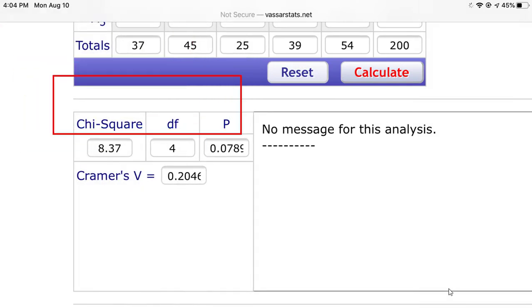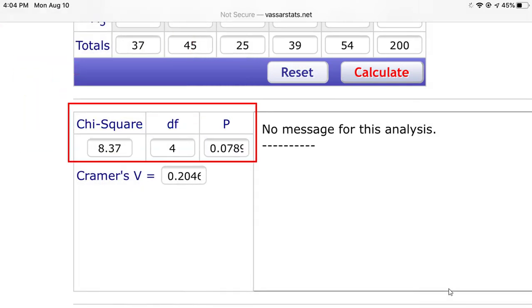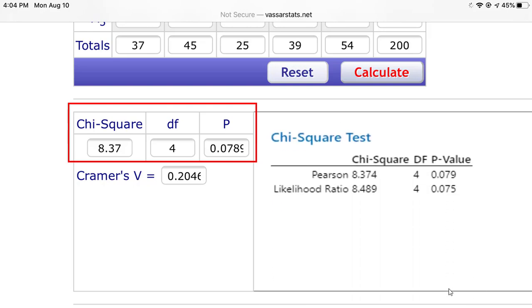And as you can see here, you're going to get a chi-square, degrees of freedom, and P. Now this is not any different from what we actually got when we were doing Minitab. Notice that the chi-square corresponds to what Minitab calls Pearson's chi-square.